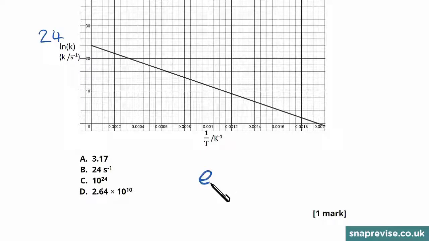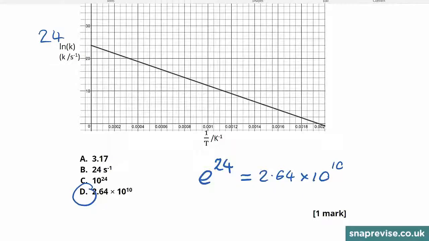So we know that the inverse natural logarithm, e to the power of 24, is going to give us our answer. If we type this into our calculator, we find that the answer is 2.64 times 10 to the 10, and that is given to us by D. And then that is where we get our 1 mark.